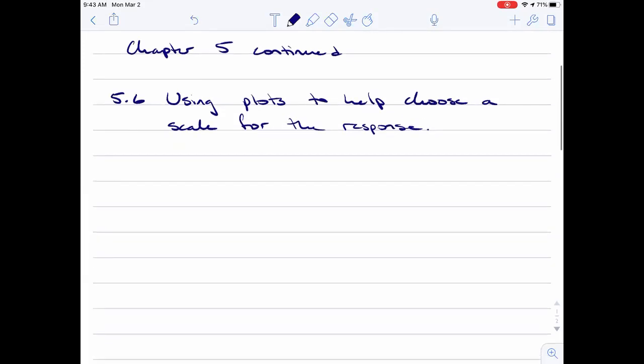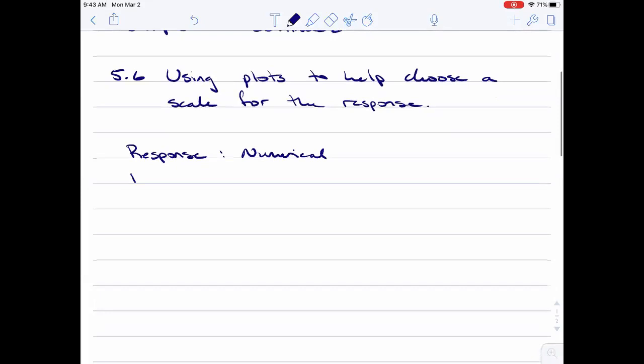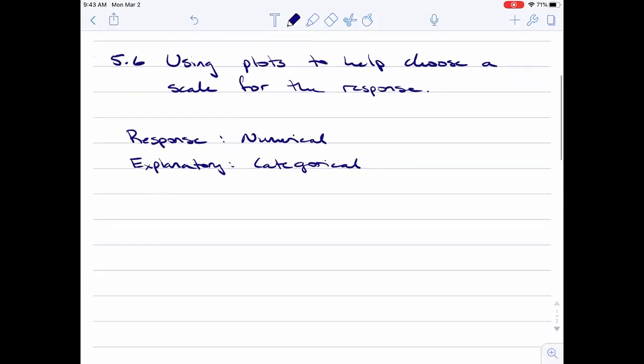So if the response is numerical and the explanatory variable is categorical, this is what I call an Anova situation. That's what we're assuming that we've got for this part of the course.